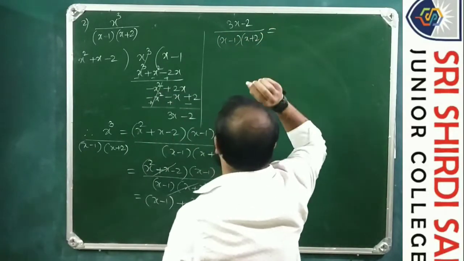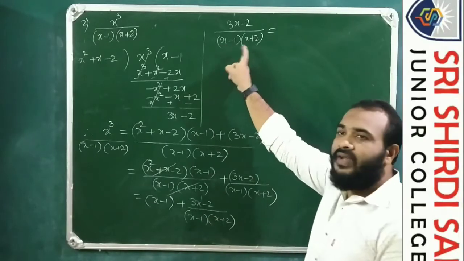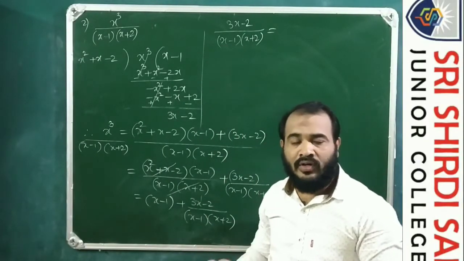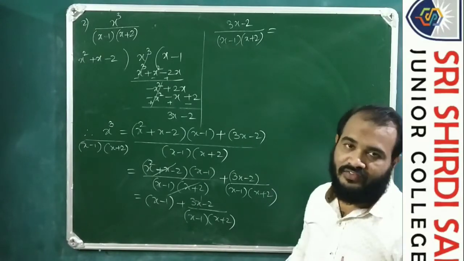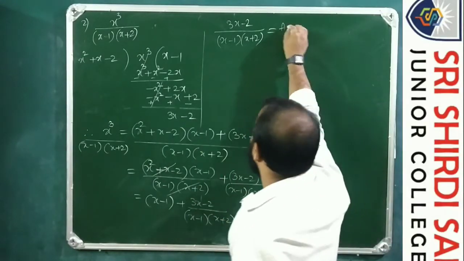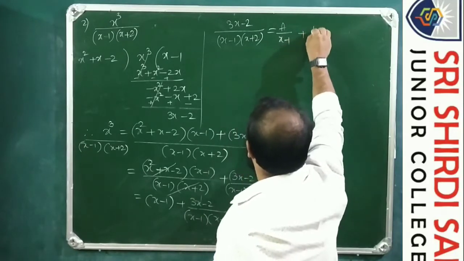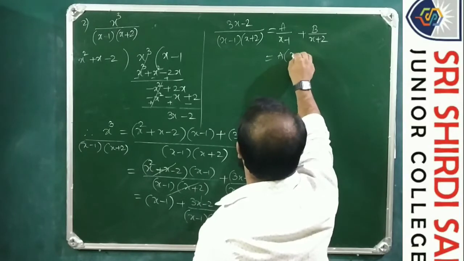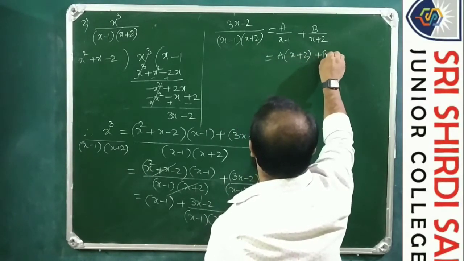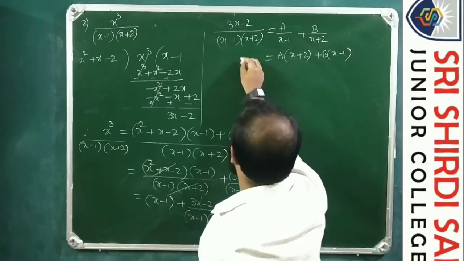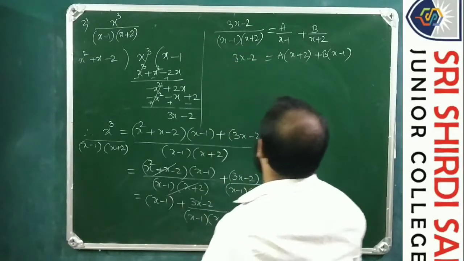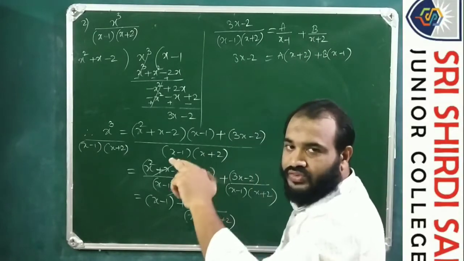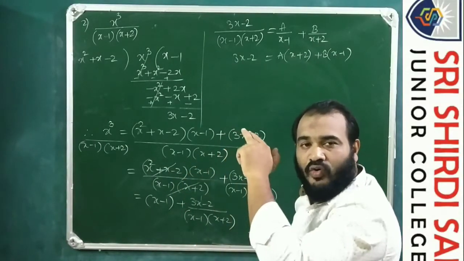So this is equal to, the denominator contains two non-repeated linear factors, so type 1: a by x minus 1 plus b by x plus 2. So this is a into x plus 2 plus b into x minus 1 equal to 3x minus 2. x equals 1 and x equals minus 2 are going to be used for substitution of the value of x.